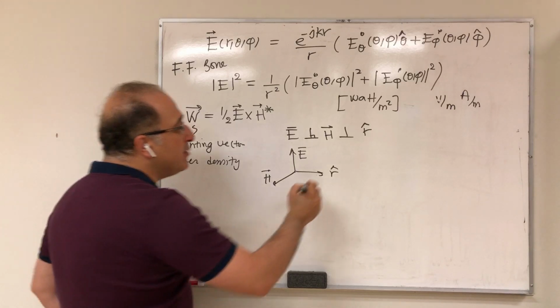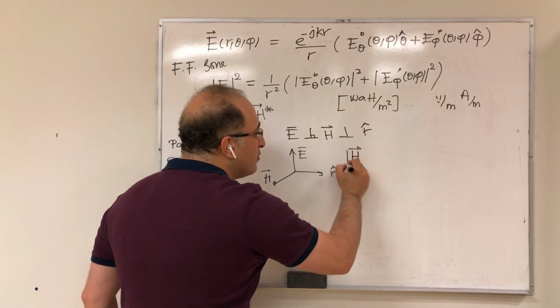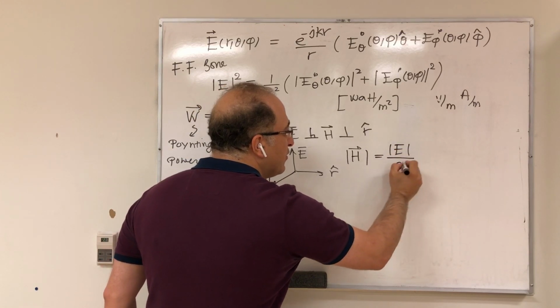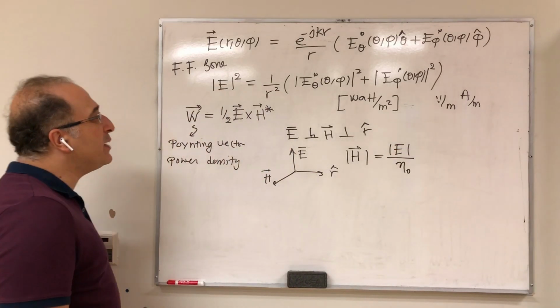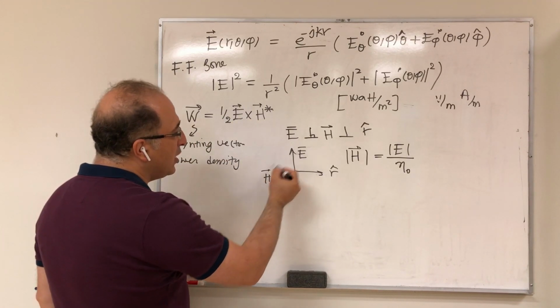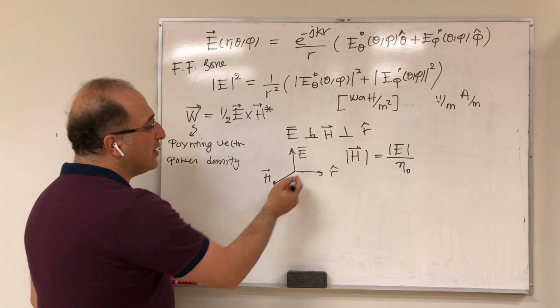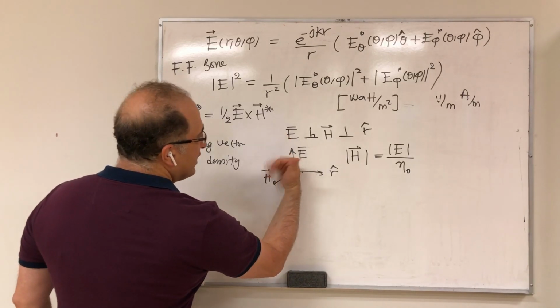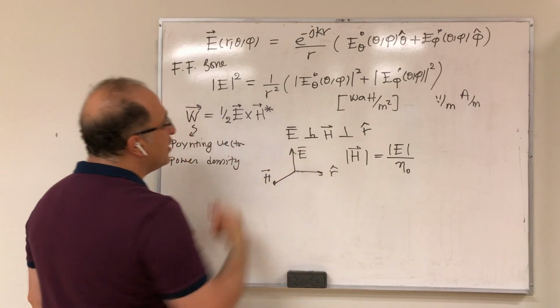And the other thing that we mentioned was that H magnitude is related to magnitude of E divided by impedance of free space. So when you cross product these two vectors, of course you're going to get an R hat component. You're going to be in the direction of R hat.